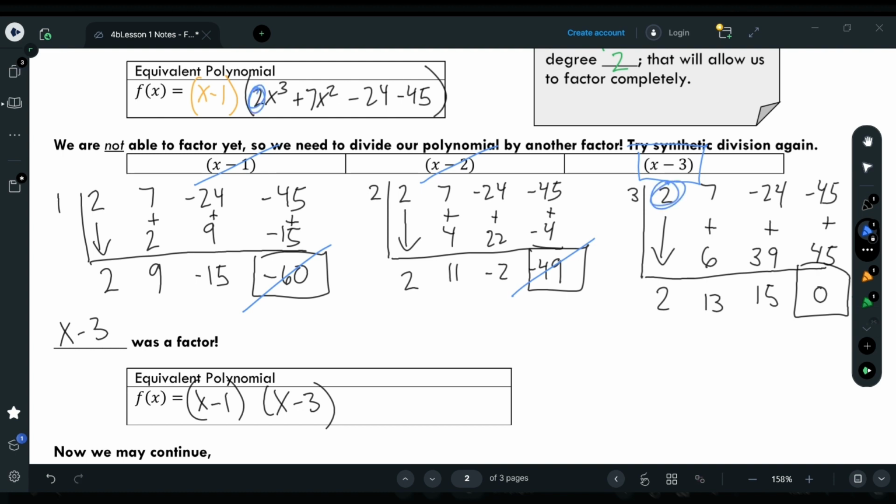It's an x cubed term. So this was 2x cubed. Down here, the degree drops by 1. So this is x squared. This is x. This is our constant. So now we've got this quadratic here as our third factor here. 2x squared plus 13x plus 15.